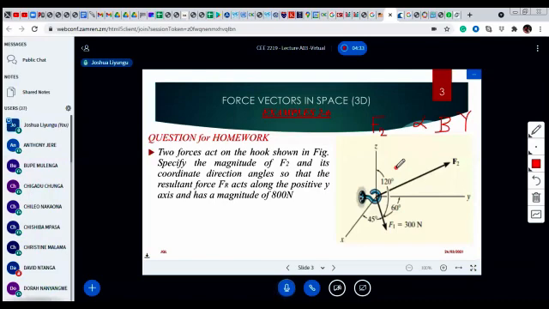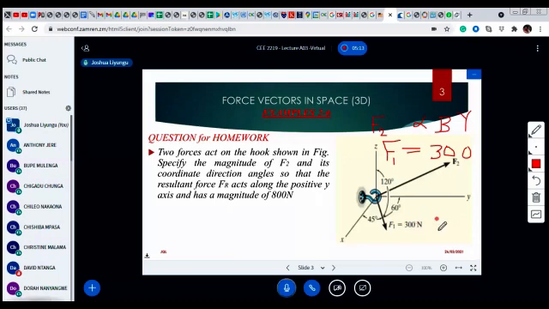Now, what do we have? We have F1, which is 300 Newton. We also have the coordinate direction angles for F1.